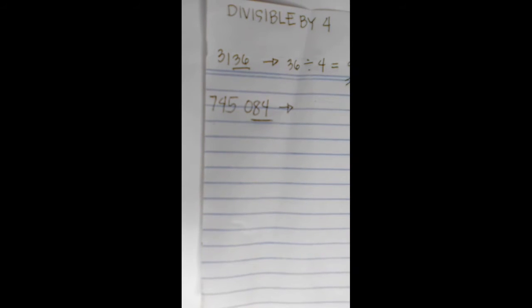Is this divisible by 4? So, we need to identify the last two digits to know if this number is divisible by 4. 84. Is 84 divisible by 4? Yes, and the answer is 21.